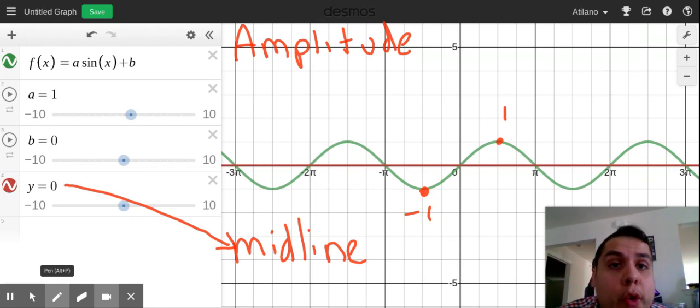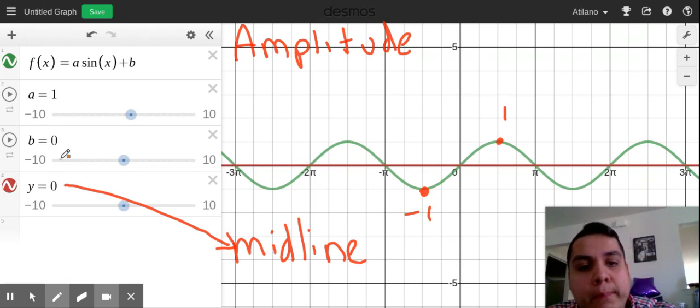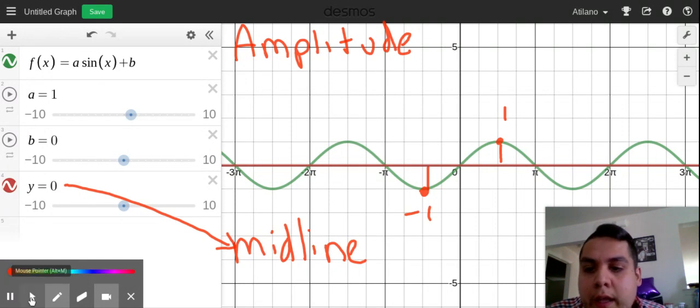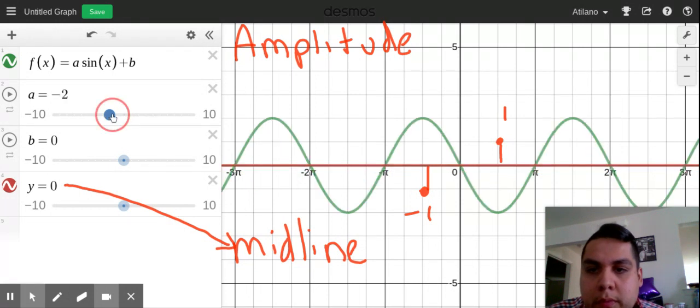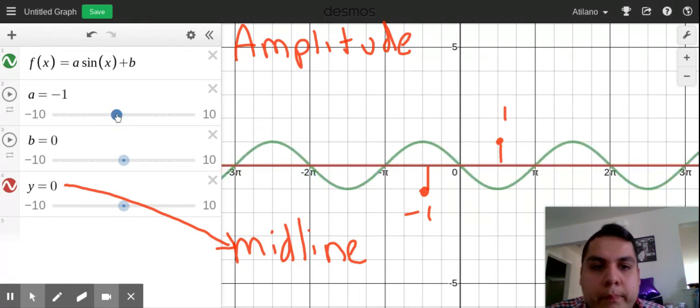So the amplitude should always be a positive number, right? Because if I look at this graph, I see it goes from 1 to -1. So it only travels 1. From here to here, it only travels 1. And if I change it, too far, bring it back.